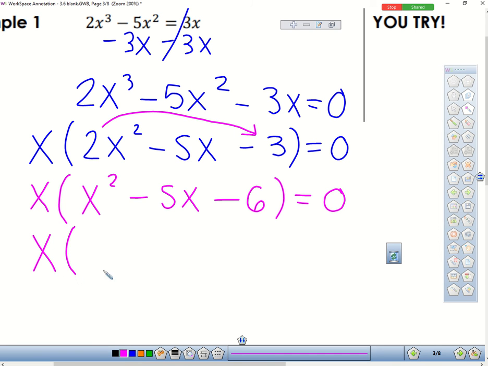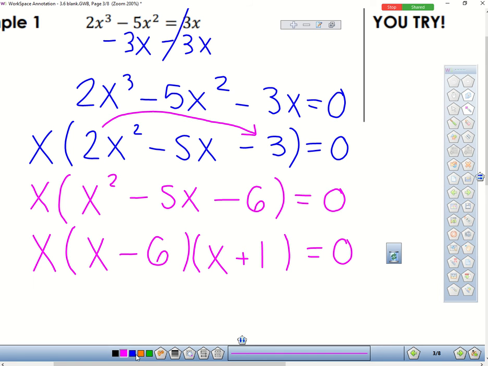Then we can factor this into 2 binomials. What are some factors of negative 6 that add up to negative 5? Negative 6 times positive 1. Very good. So negative 6 and positive 1, because they add up to negative 5.